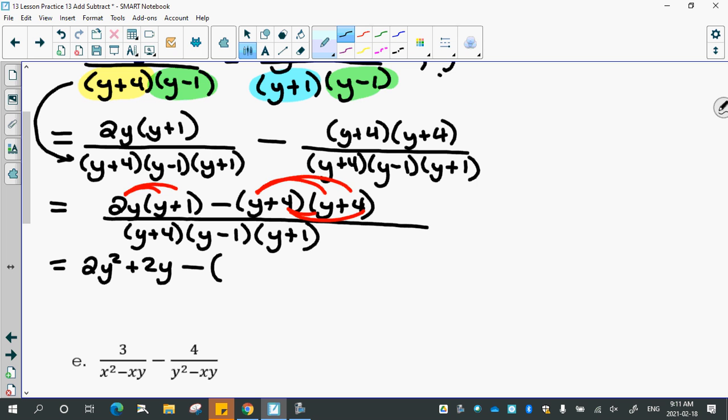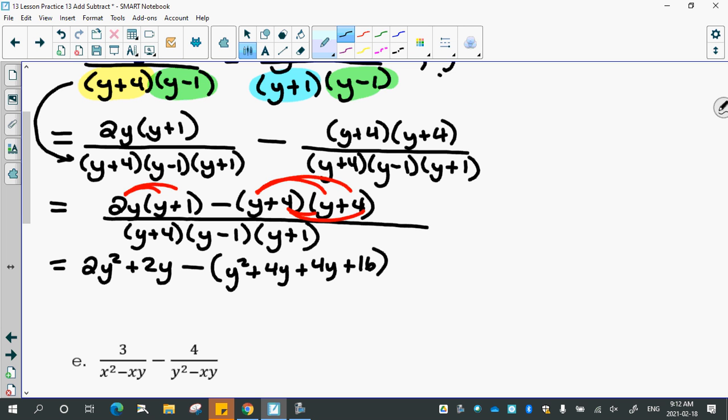So y times y gives me y squared. Y times positive 4 is positive 4y. Positive 4 times y, positive 4y again. Positive 4 times positive 4 is positive 16.